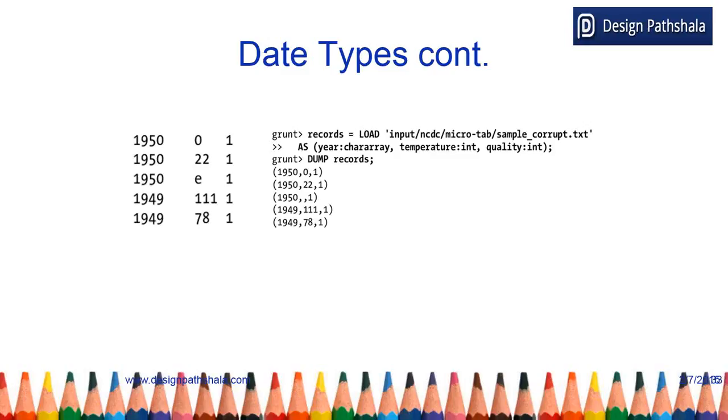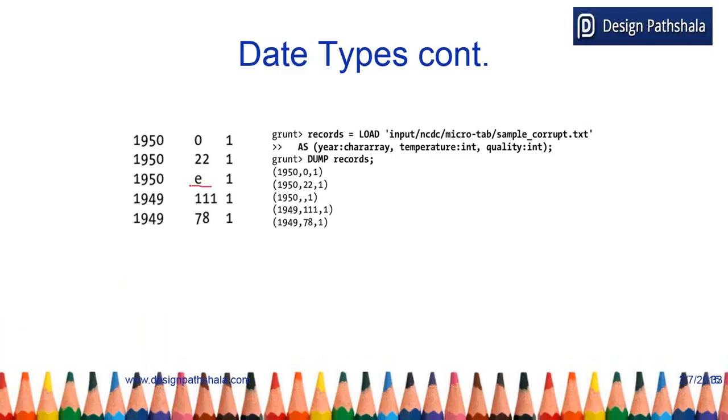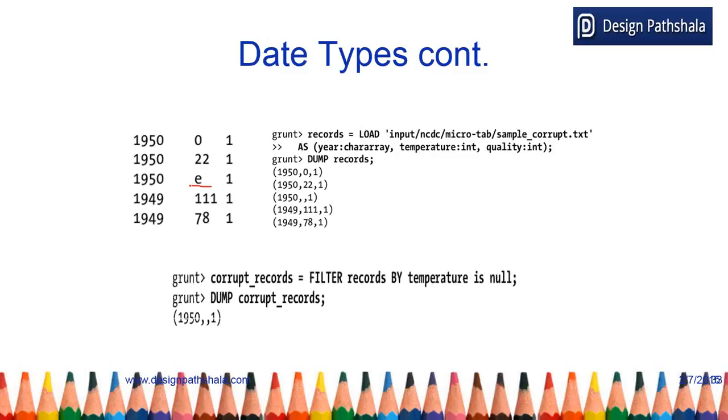But if you look at the third record, which is E, that means this temperature was not properly recorded from the satellite, or there's some issue with it. When we process the data with Pig, it will load this data, but the value is not loaded, and when we look into it, it is null. So I filter records where temperature is null, and this is how I can look into the corrupted records processed by Pig.